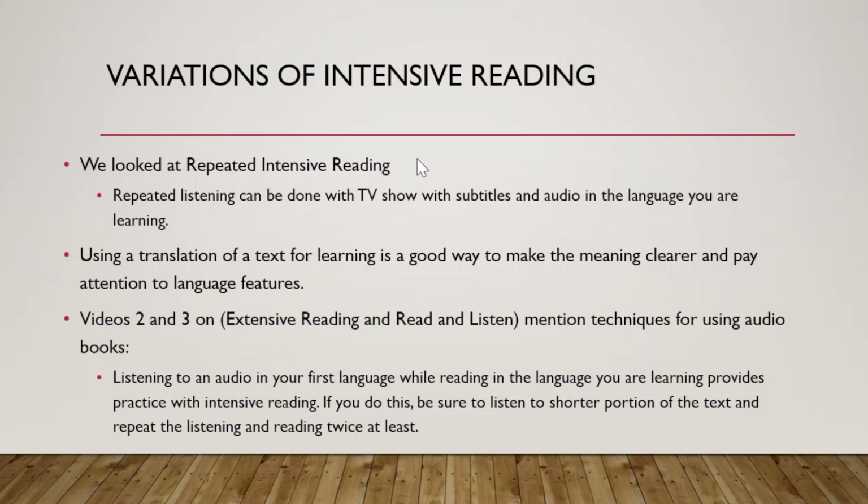So intensive reading is you read through a text and you try to understand the meaning of parts that were originally unknown. You're learning grammar and vocabulary through that, mainly vocabulary. So repeated intensive reading was going through the text several times with a different focus each time.